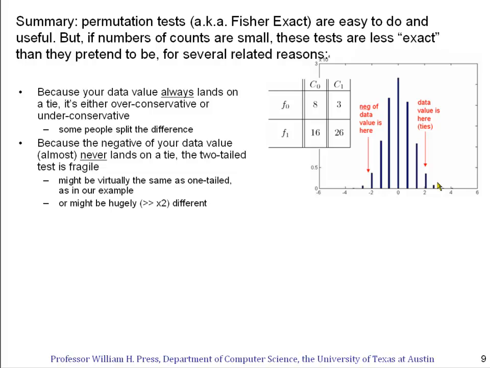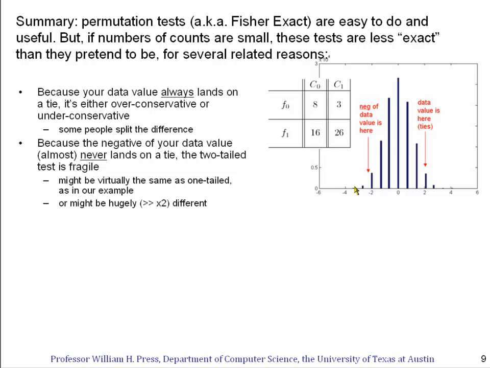Now, when you do a two-tailed test, the negative of your statistic just lands somewhere here. It doesn't necessarily land on a discrete value of the statistic that can actually be produced by the combinatorics of the data. So it might be, depending on whether this arrow lands a little bit to the left of a significant bin or a little bit to the right of the significant bin, that your two-tailed test might be virtually the same as the one-tailed test, as in the example here, because there's almost no area here.